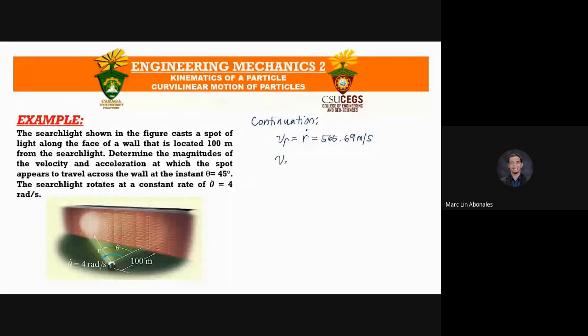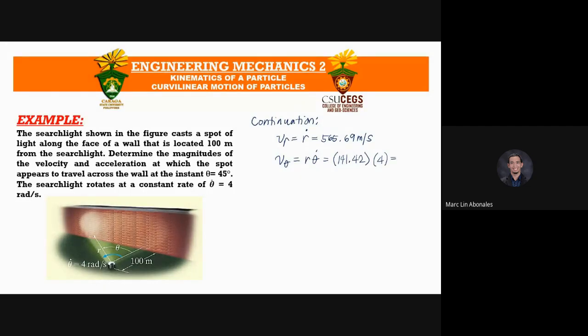And V theta, that is R times theta dot, or R times the angular velocity. So that is 141.42 times 4 radians per second.